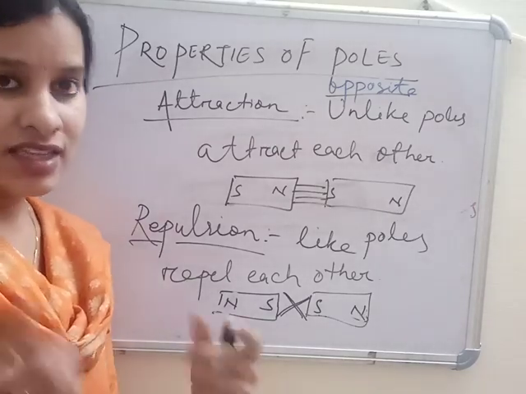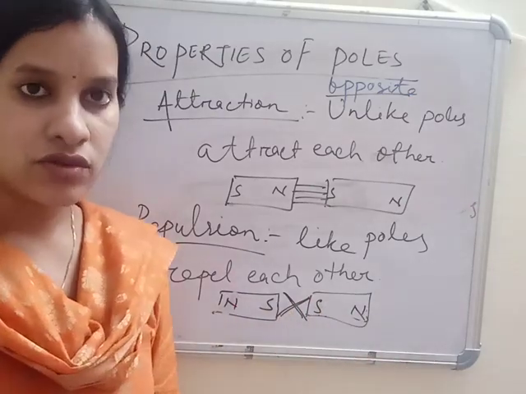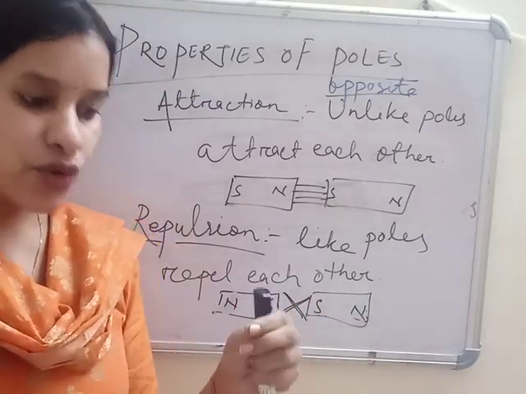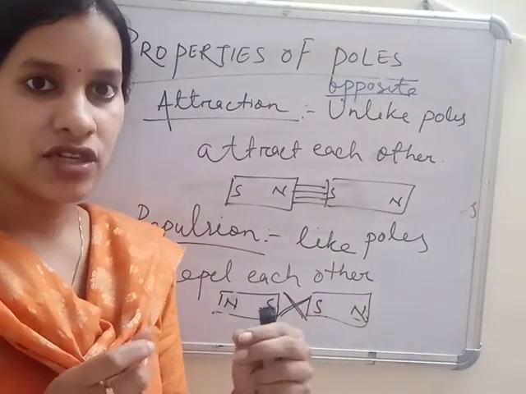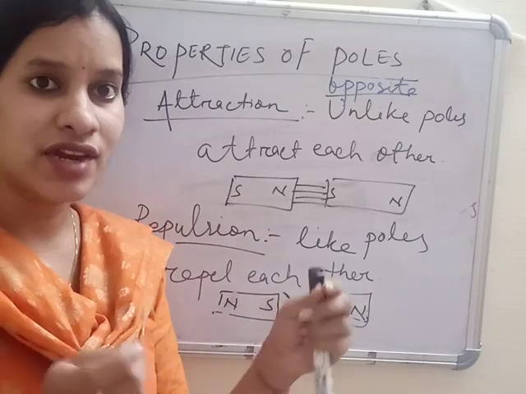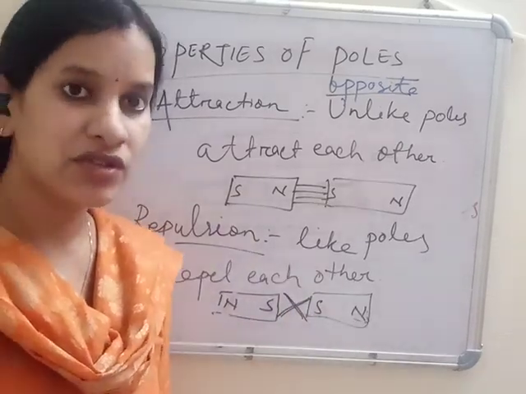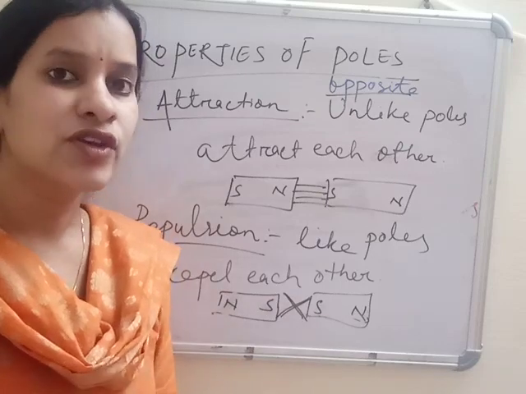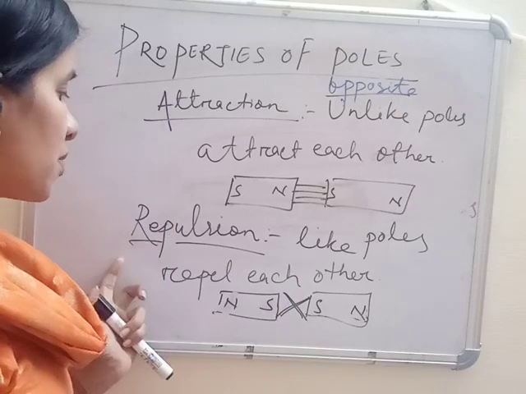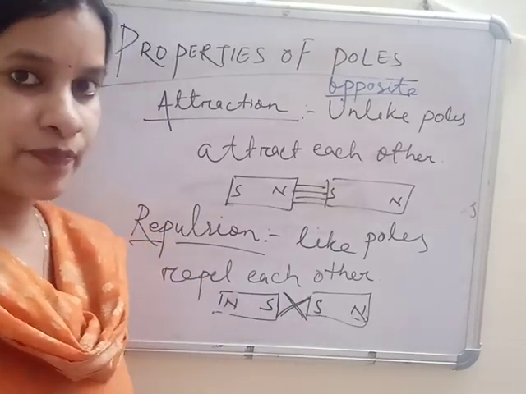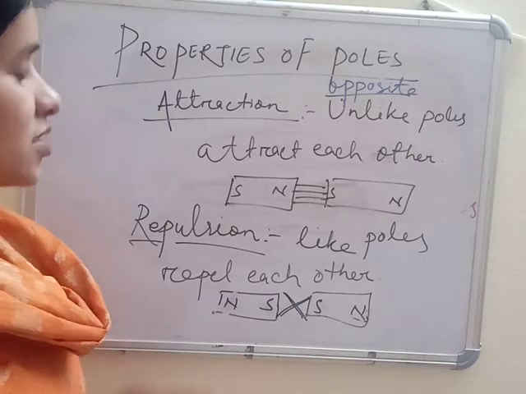If you see that the magnet is not marked north or south, and you put these two magnets together and you find repulsion, they are not attracted, it means they must be like poles, either both north or both south. So if you have a magnet at home, you can test all this attraction and repulsion property. Okay, so these are the properties of poles.